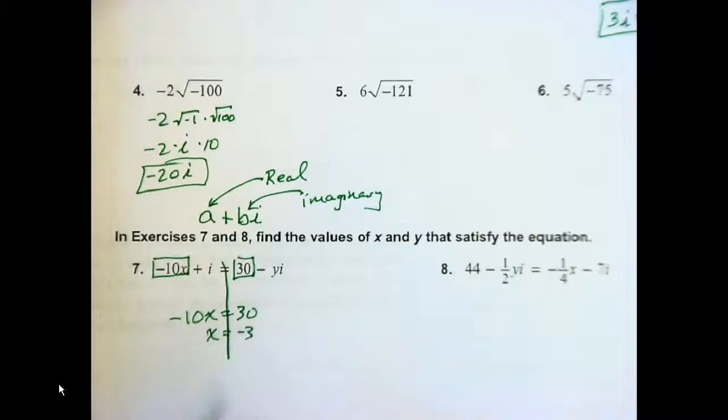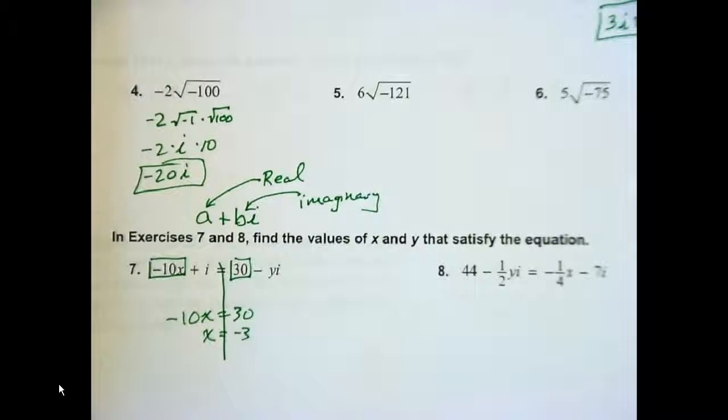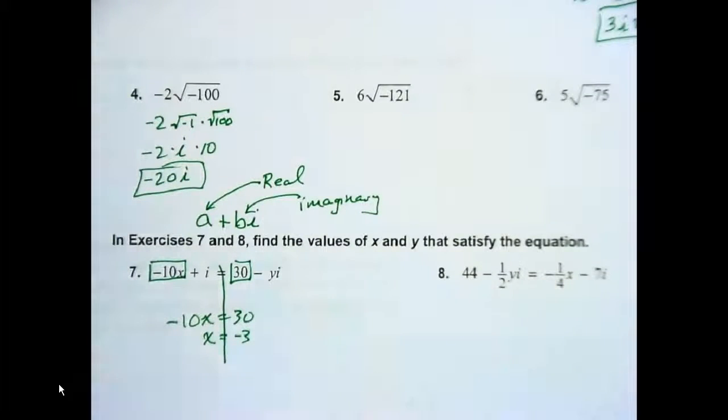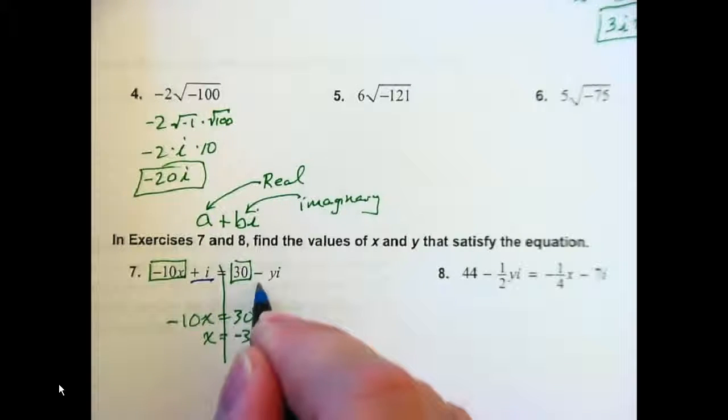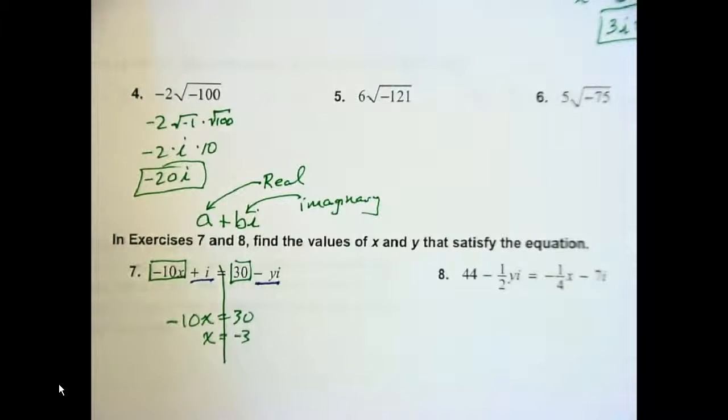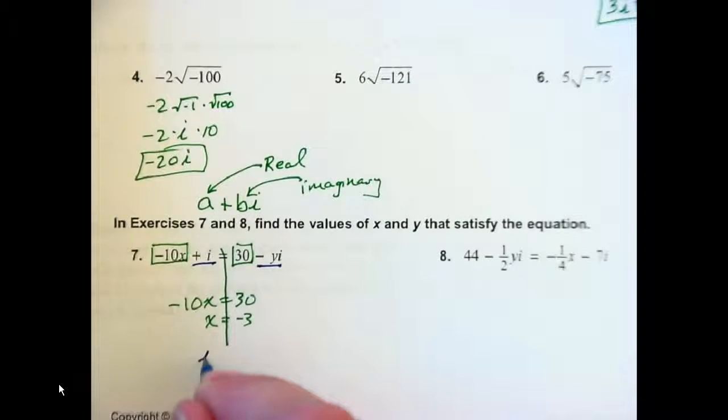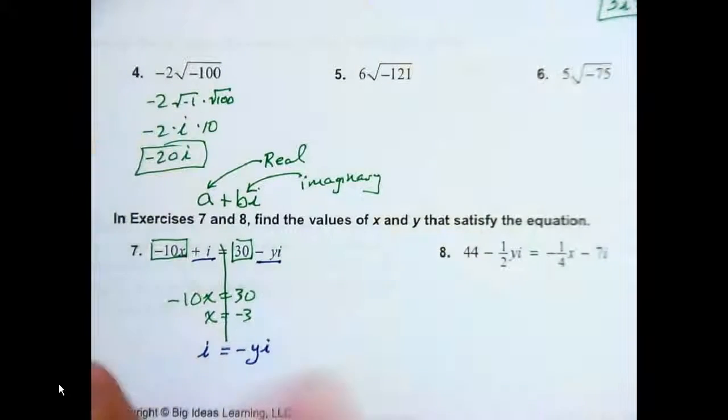And then when I'm looking at the imaginary part, I'm saying, well, i equals -yi. It seems unnecessary to put those 2 things into one equation. Well, that's because we haven't graphed it yet, so we'll graph them eventually. Okay? i equals -yi.